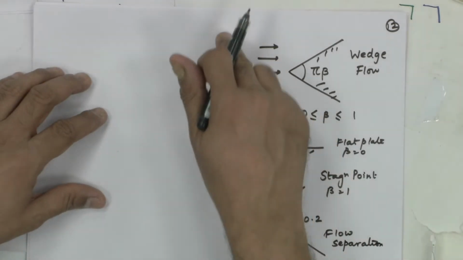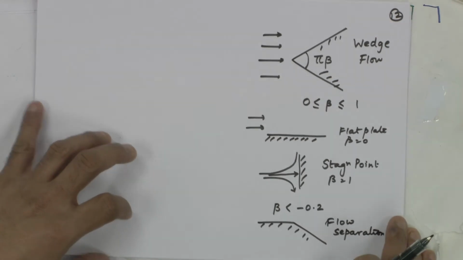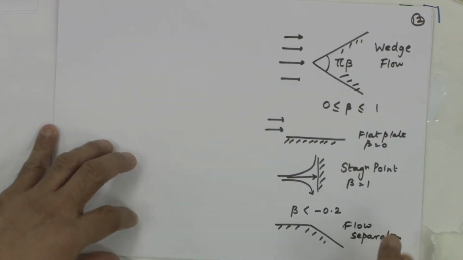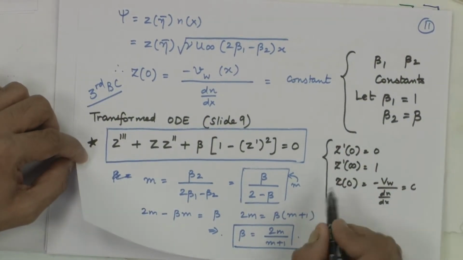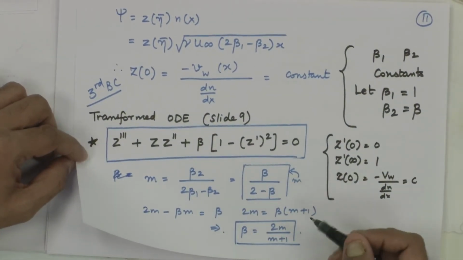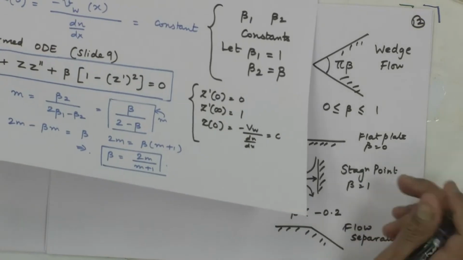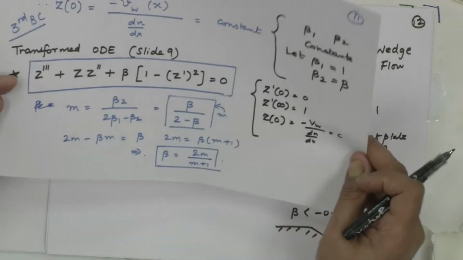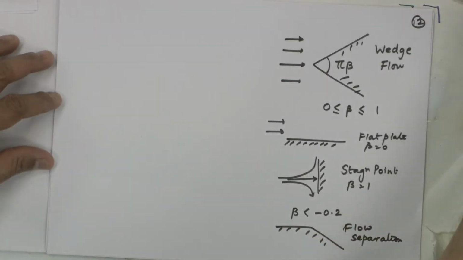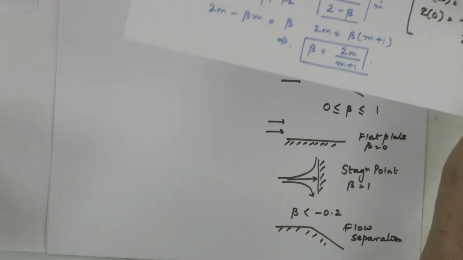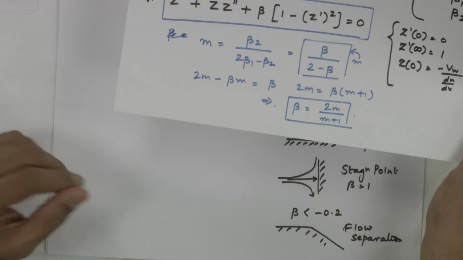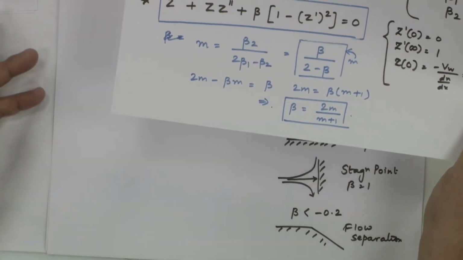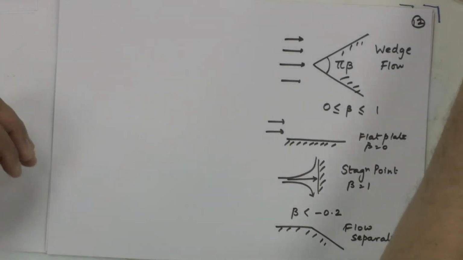So, the entire family of flow situations can be solved by solving this differential equation with different values of beta. The flat plate that you will study or teach in an undergrad curriculum is where you have dp by dx equal to 0, beta equal to 0 or m equal to 0. That is one very special case.